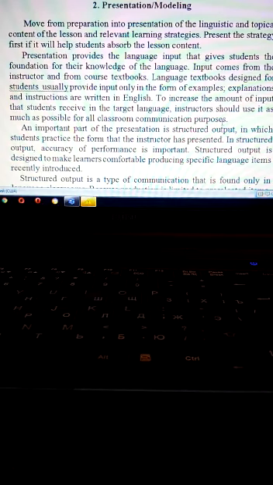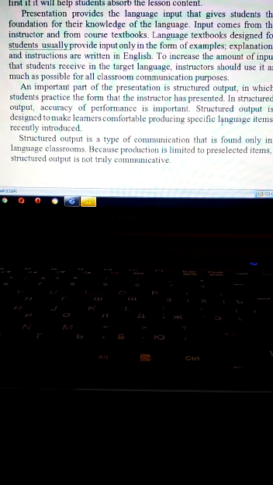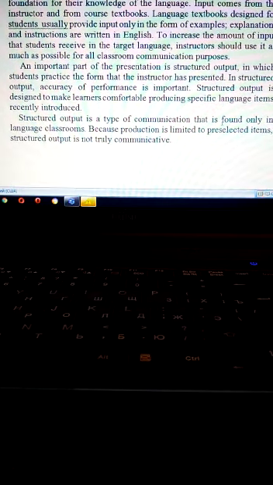Structured output is designed to make learners comfortable producing specific language items recently introduced. Structured output is a type of communication that is found only in language classrooms because production is limited to pre-selected items. Structured output is not truly communicative.